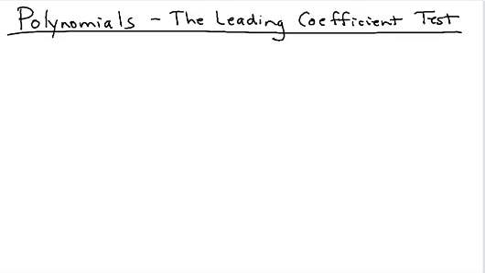All right, today we are going to start talking about polynomials and specifically the leading coefficient test. And when you hear the word polynomial, a lot of times it sounds like a big fancy word. What is it? So let's start by defining it.